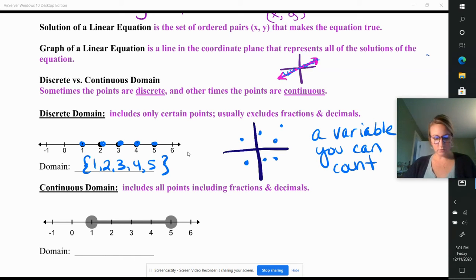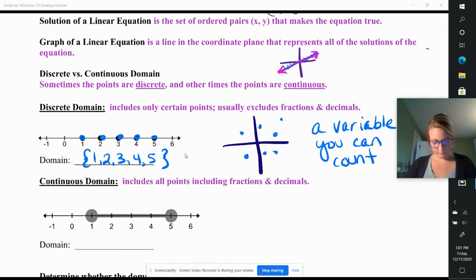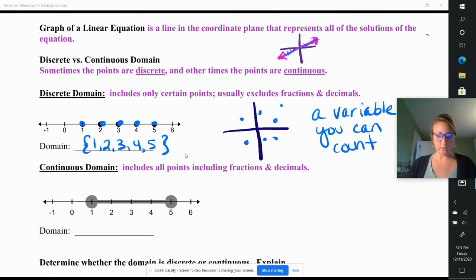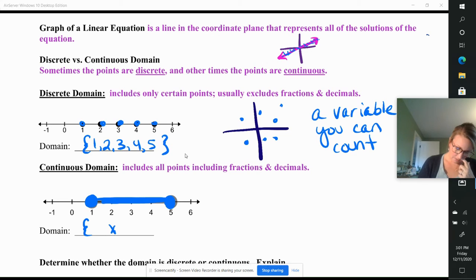Now, a continuous domain includes all values, including those in between, fractions and decimals. So the domain of this number line can be anything less than or equal to 5 and greater than or equal to 0. Okay, including 1/2, 1/4, 1/3, 1.5, 2.5, 3.5, 4.5.